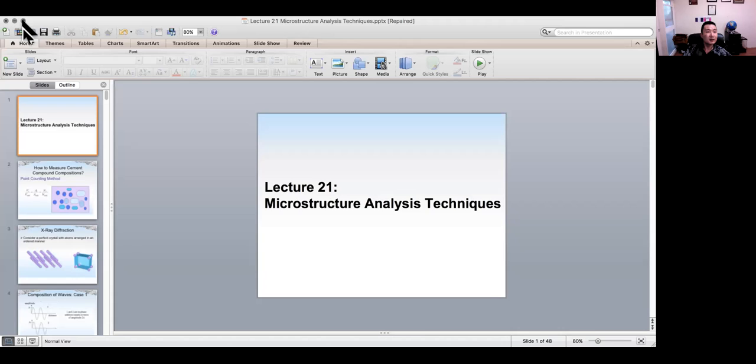All right, and this is the lecture where we discussed microstructure analysis. We talked about XRD and also SEM. These two methods are by far the most commonly used microstructure analyses to tell what phases may be in the samples. There are limitations for these methods. For example, XRD can only see crystalline materials such as ettringite and calcium hydroxide.